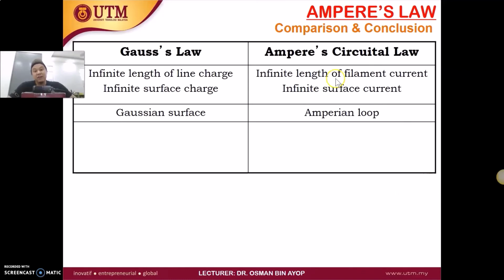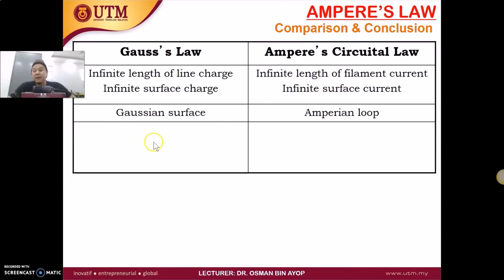For Ampere's circuit law, we analyze an infinite length of filament current, infinite surface current, or infinite volume current. But in the case of finite length or finite surface, we cannot use Ampere's circuit law. We need to use the Biot-Savart law.